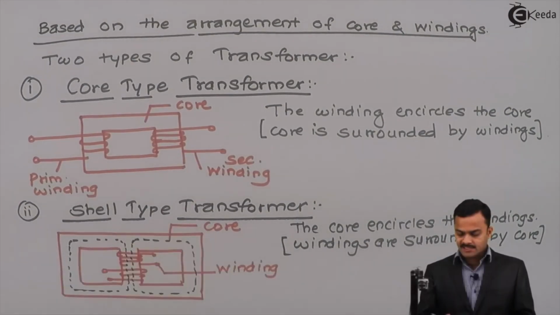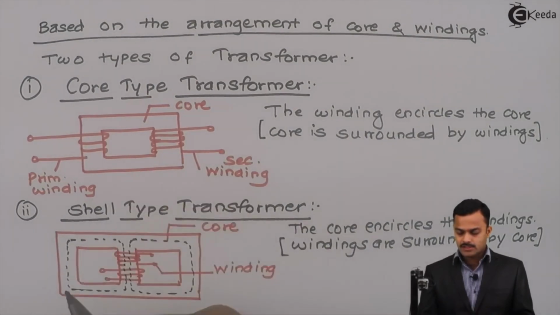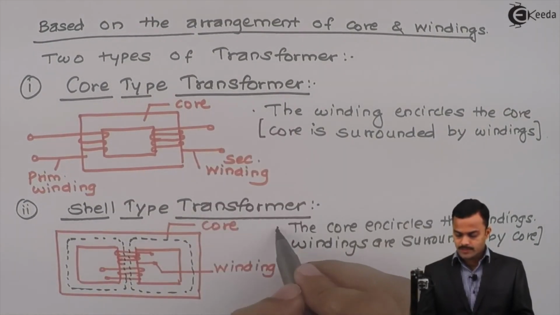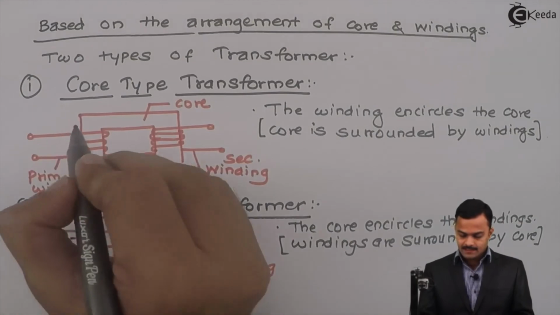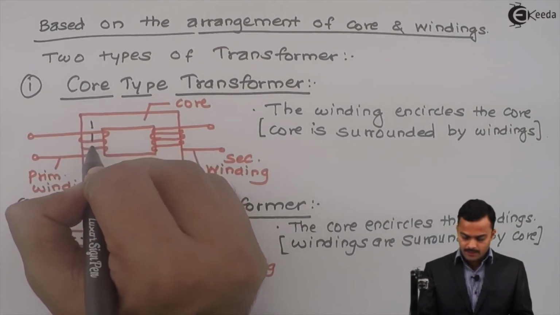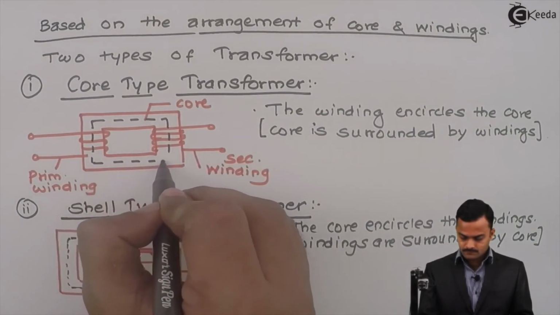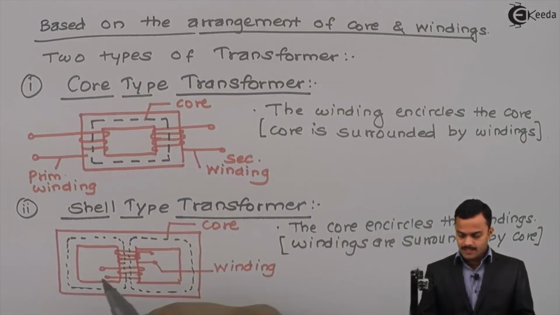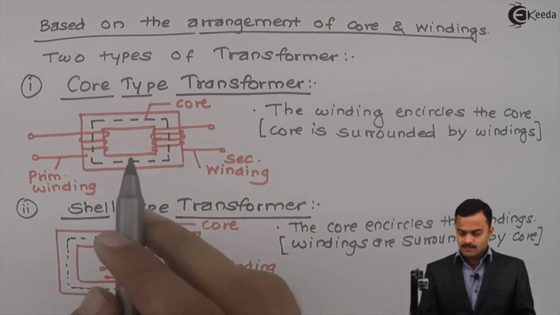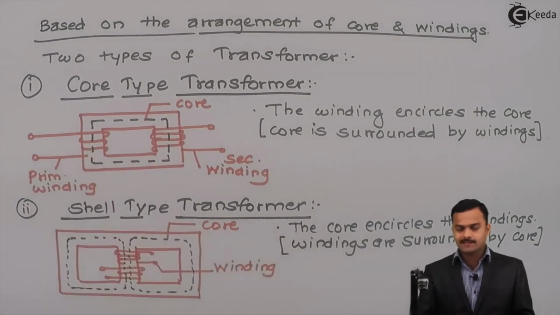So if you see the structure properly, there are some differences between these two. First is obviously based on the construction. Second, this is having only one magnetic circuit, whereas this shell type is having two magnetic circuits. Suppose I want to replace the windings.